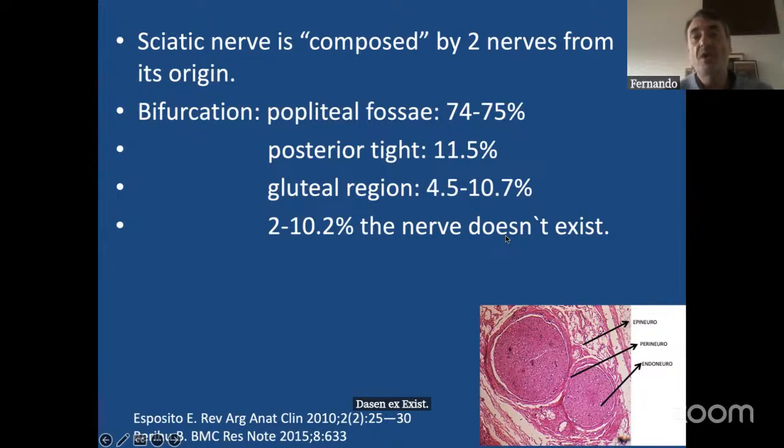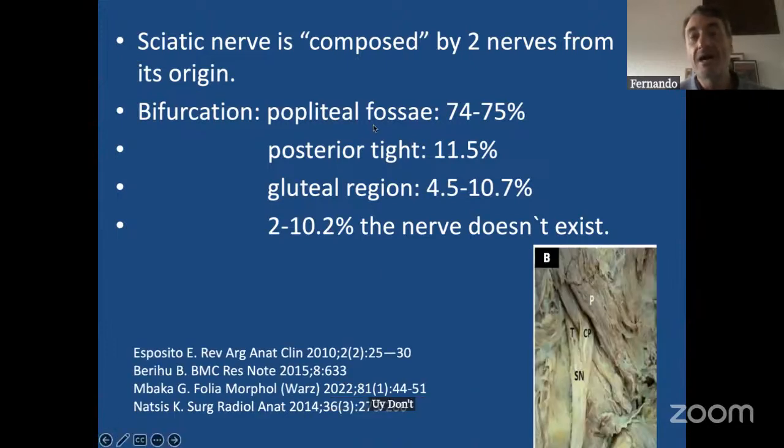What we have is the peroneal nerve and the tibial nerve separated from the beginning. We don't have a sciatic nerve as we know it.